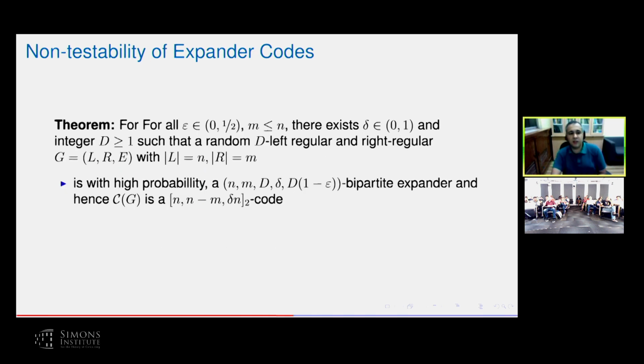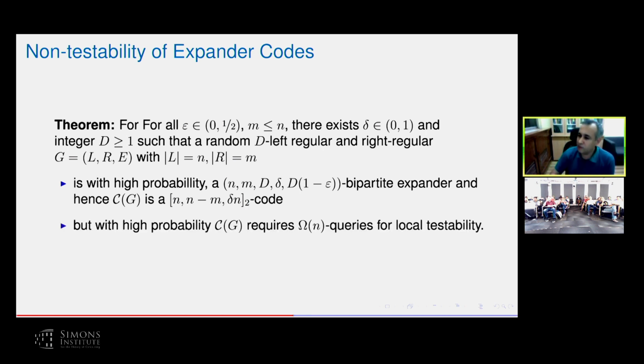So basically, what I want to say is the following. We already saw that if you pick a random D left regular graph with these properties, with high probability it's a bipartite expander, and hence the underlying code is also a code with good rate and distance. That's the great news about these graphs. But it comes with this added caveat that with high probability the corresponding code actually requires omega n queries for local testability.